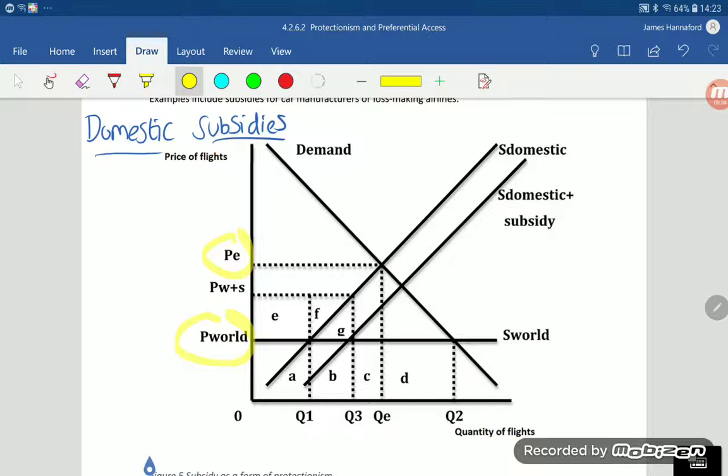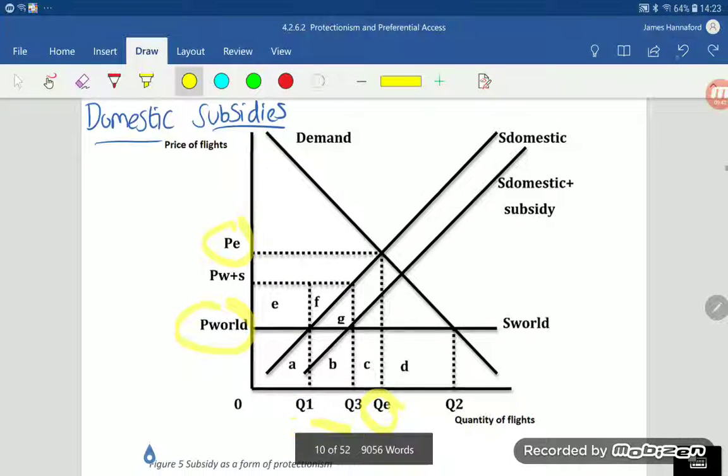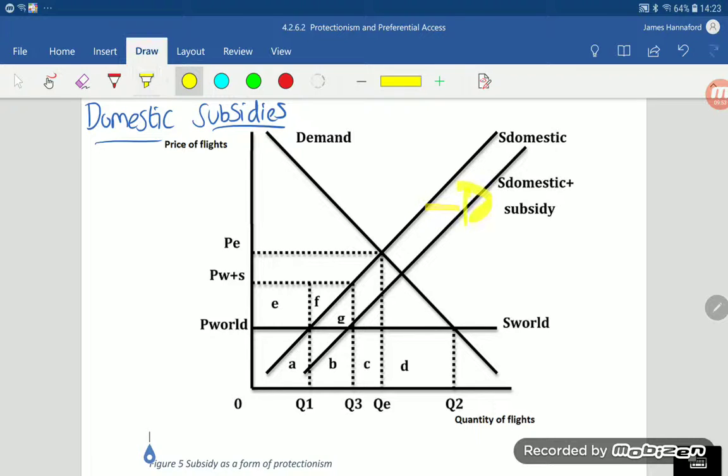Okay, so in other words, instead of the domestic producer providing QE, they were just providing Q1. So that's the first thing to note, that the price was always regarding P World. So therefore, as the subsidy shifted supply to the right, the price remained unchanged at P World.